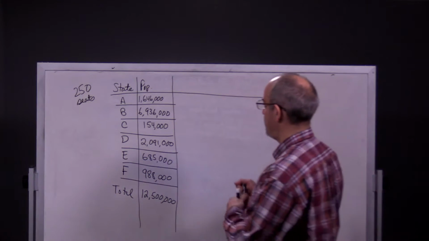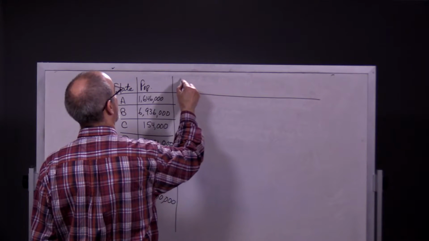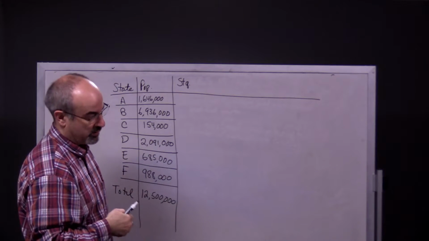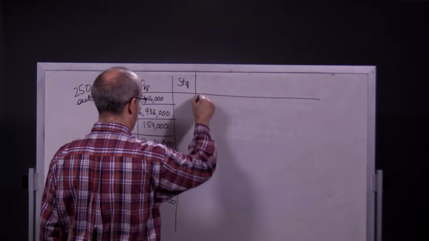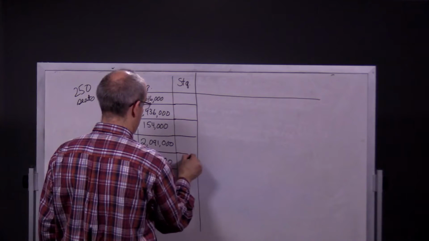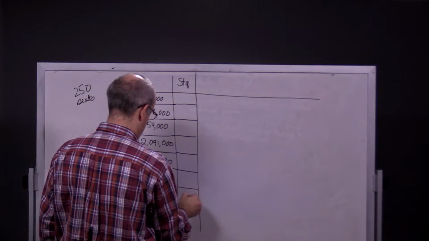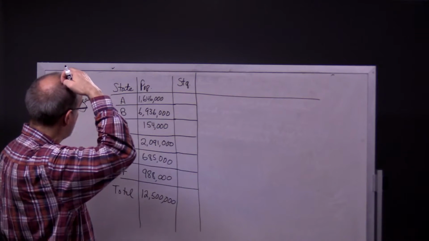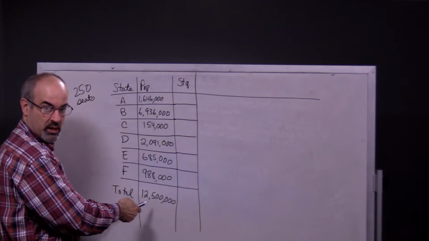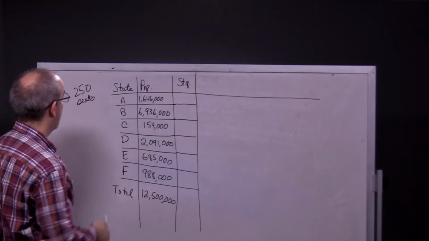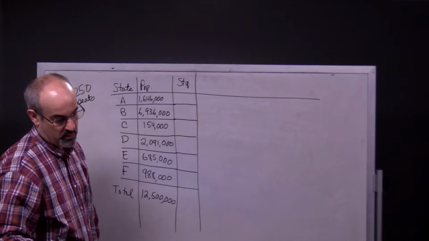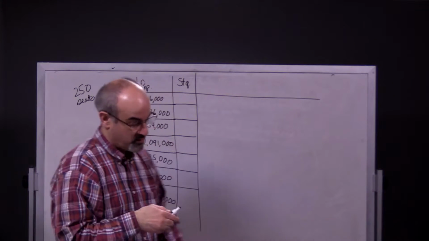First, the standard quota: you take each state's population and divide it by the standard divisor. The standard divisor is the total population divided by 250, and I believe it's 50,000. Yes, it is, 50,000.